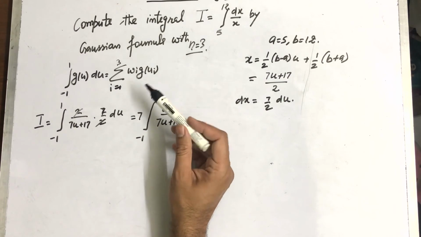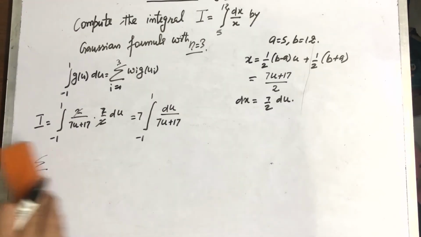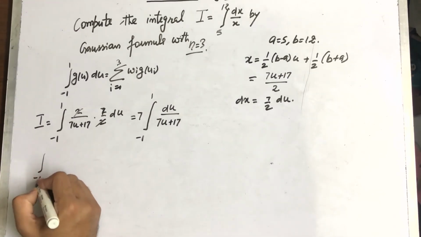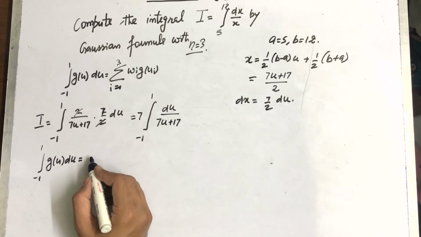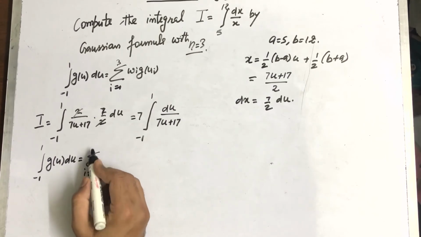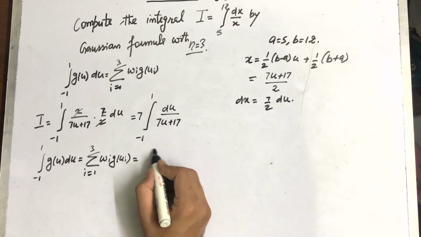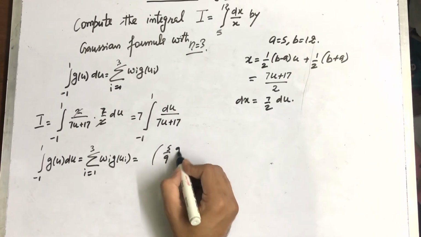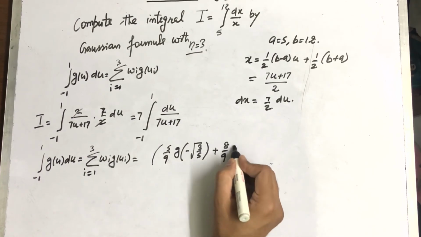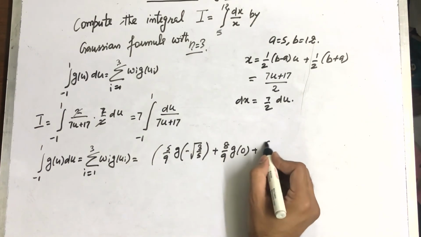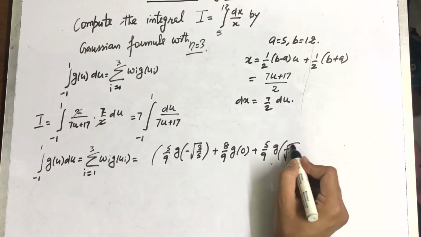Now using the Gaussian integration formula for n is equal to 3, the integral from minus 1 to 1 of g(u) du is the summation i from 1 to 3 of wi g(ui), and further this is 5 by 9 g of minus root 3 by 5, plus 8 by 9 g of 0, plus 5 by 9 g of root 3 by 5.